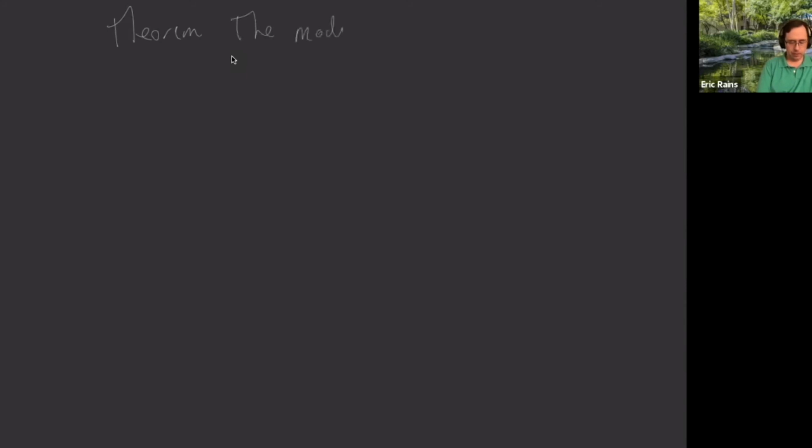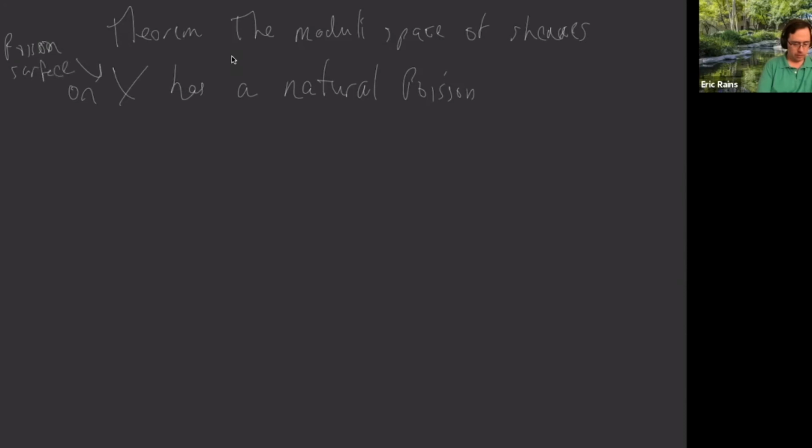The moduli space of sheaves on X has a natural Poisson structure. So X here is a Poisson surface, Poisson projective surface. So given a Poisson structure on X, the moduli space of sheaves has an induced Poisson structure.